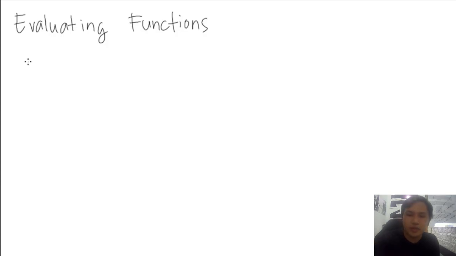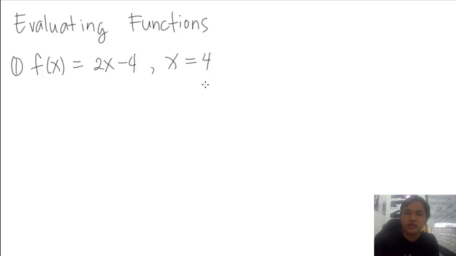So for example, meron tayong function dito, f of x equals 2x minus 4. And we are going to evaluate this at x equals 4. So the process is simply, i-replace lang natin lahat ng value ng x with regards sa binigay na given. So ang sabi dito, ang x daw ay equal sa 4. So lahat ng x sa function, papalitan natin ng 4.